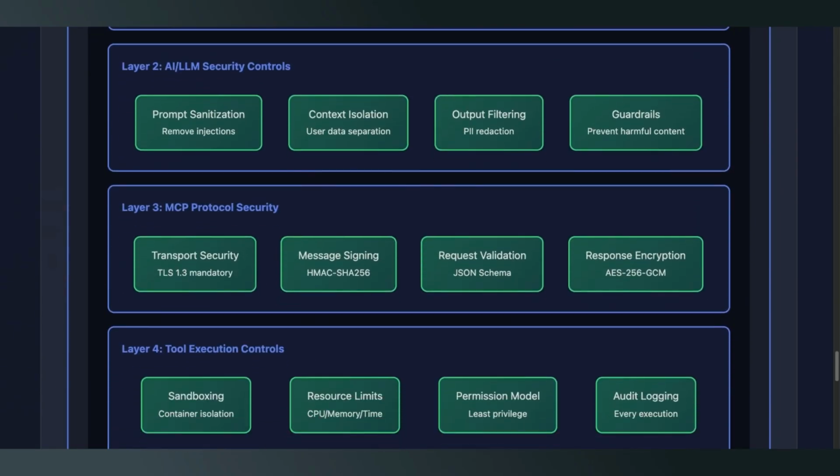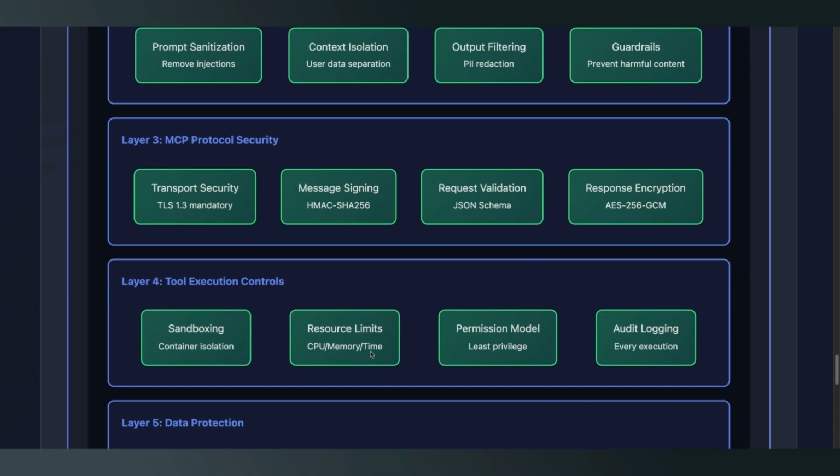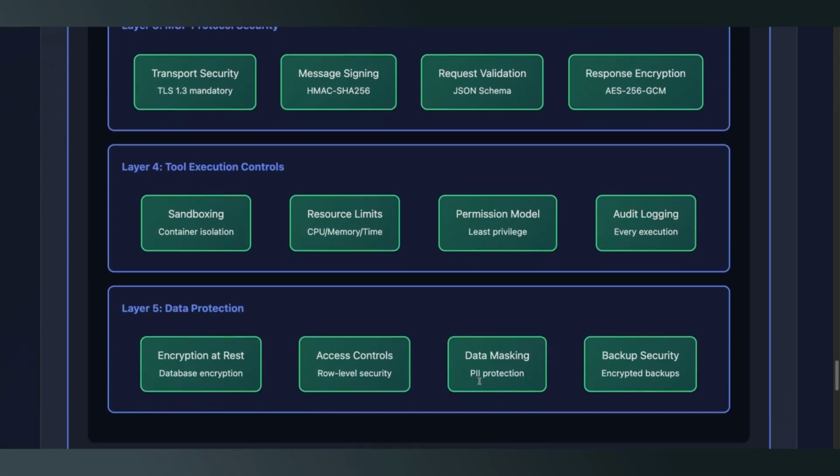And on the MCP server level, there is TLS 1.3, and there is request validation, and other aspects should be validated properly. And for tool executions on the server side, there should be proper sandboxing and proper resource limits, checking the authorization capabilities, and logging every execution that happens.